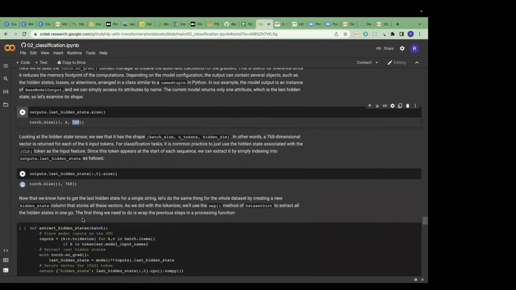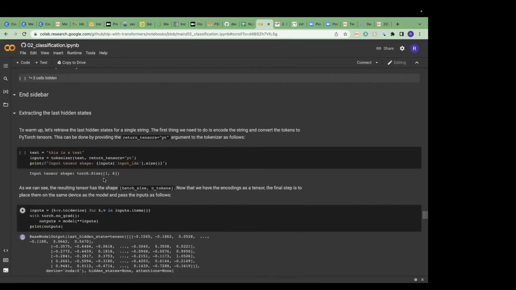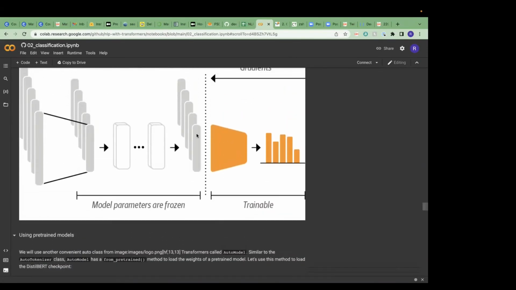And then it takes only the first hidden state of the encoder. So in this case, it only takes one of these columns, one of these hidden states, and uses that for the classifier.